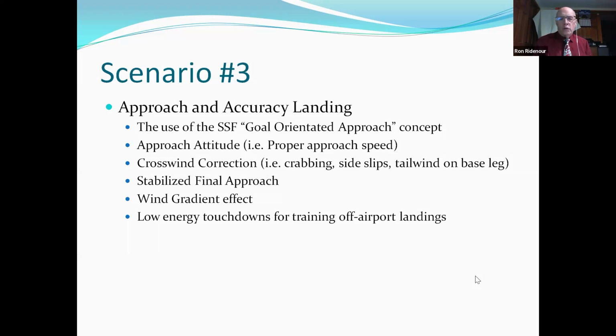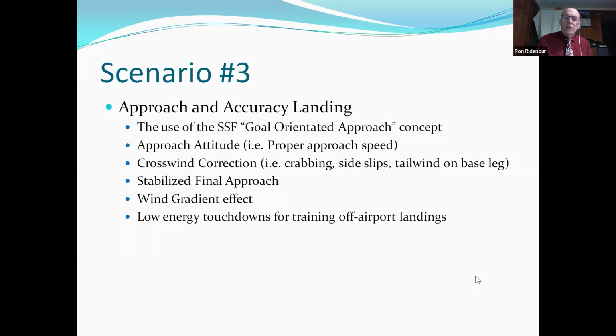And you want to consider what the base leg is going to look like, especially if you have a tailwind on base leg. Because I'm telling you right now, what I have generally observed happening with a crosswind, where you'll have a tailwind on base leg, is that the applicant won't apply enough crab into the wind on downwind leg, so they tend to drift a little bit toward the runway.